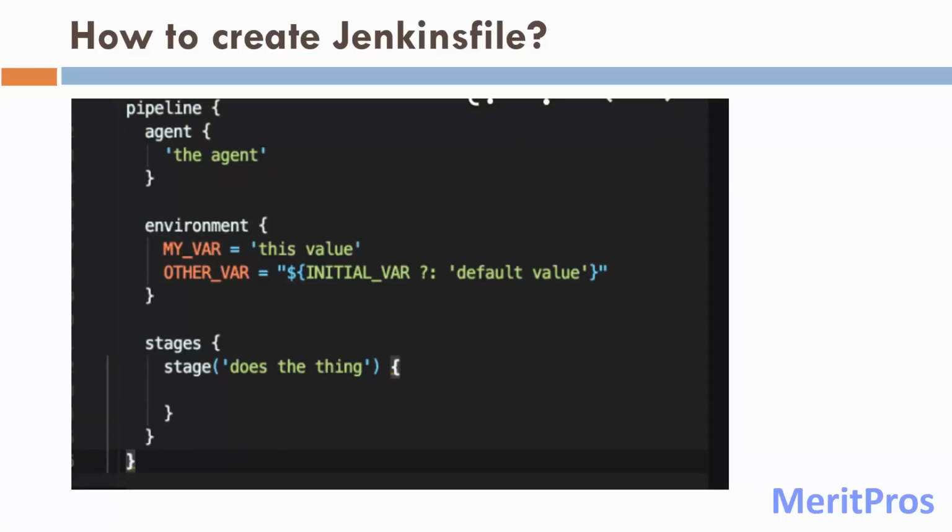So you say my variable is QA environment, I'm going to test in QA. Other variables you can provide, any variable, the default value, and then stages, right? So on the SIT stage you are going to test, right? Production stage you are going to test, third stage you are going to test, different stages you are going to test there, right? So inside the pipeline you are just defining the flow which I just explained in the notepad.